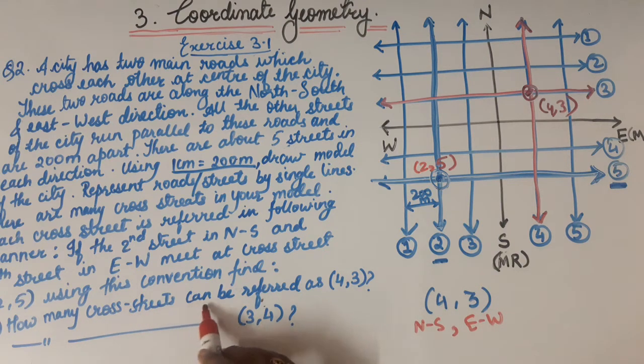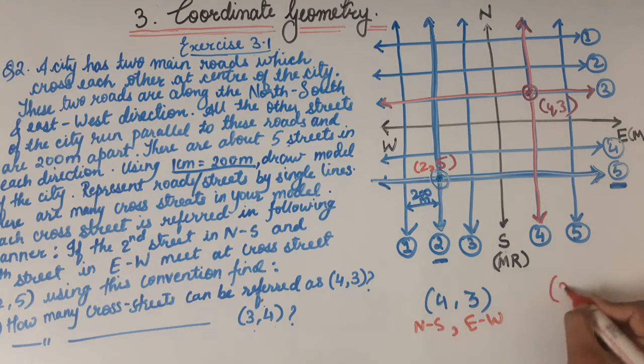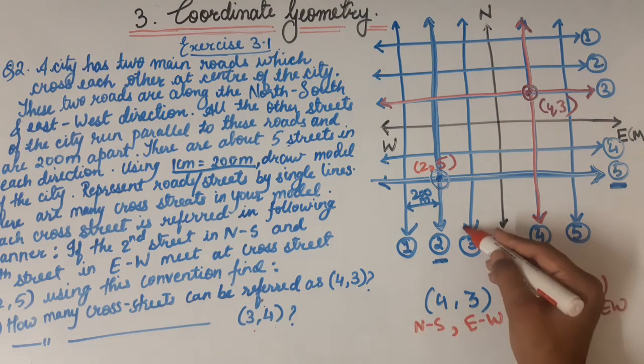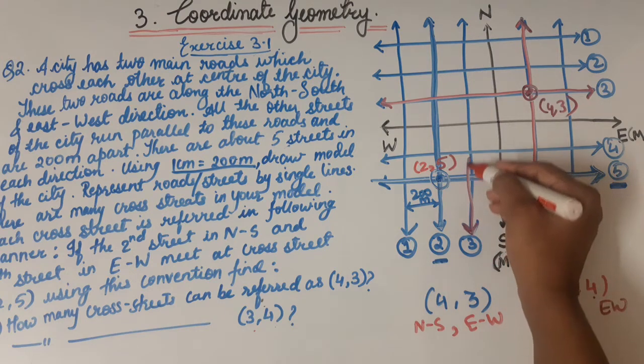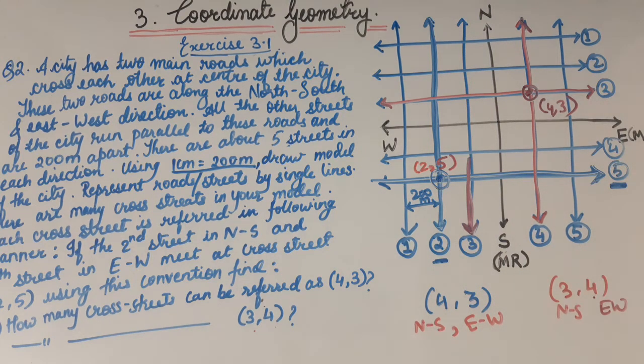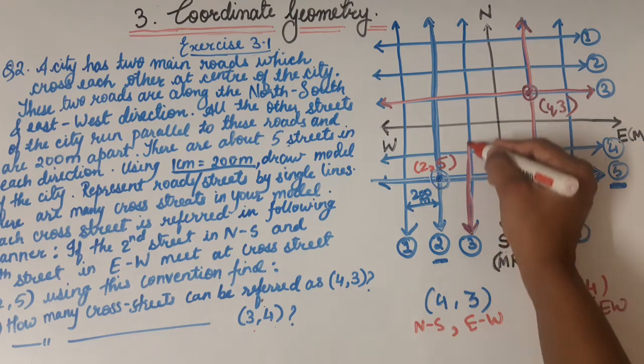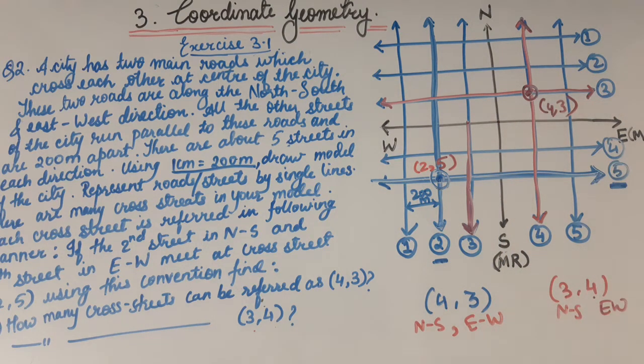Now the second question is the same. How many cross streets can be referred to as 3, 4? Now 3, 4 again. 3 will be north-south according to the convention they have given us, and 4 will be east-west. So 3 in the north-south will be this one. Let us do it with some other color.